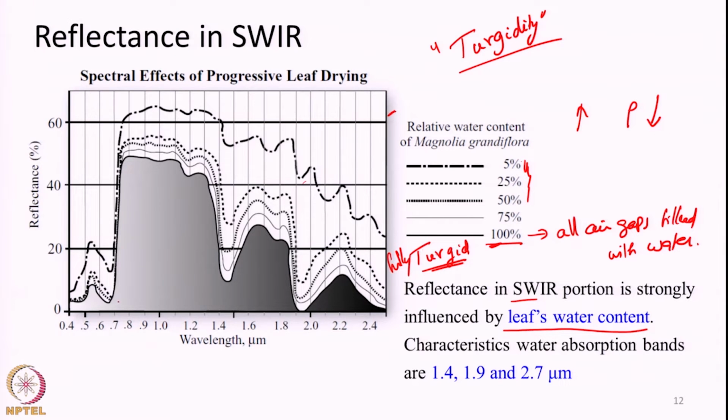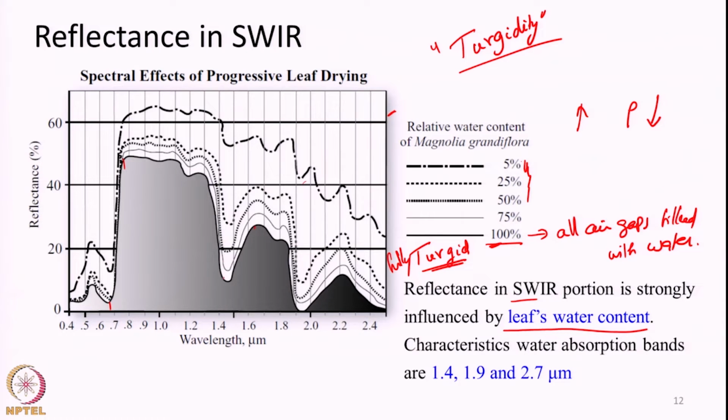So maybe we will start with such a fully turgid vegetation, that is the dark black curve given here. This is the typical characteristic healthy vegetation curve that we have already seen, with very low reflectance in red and very high reflectance in NIR. If we come to the SWIR portion, the reflectance is relatively lower than NIR, but fairly higher than the visible part.